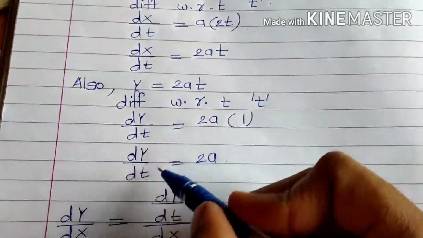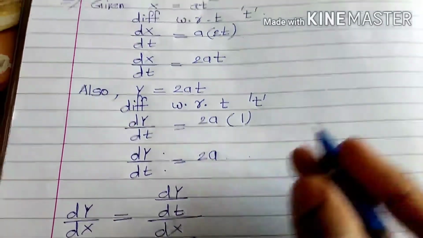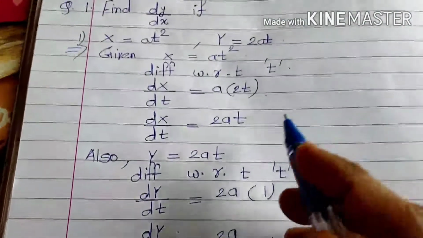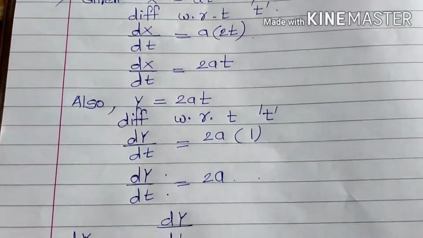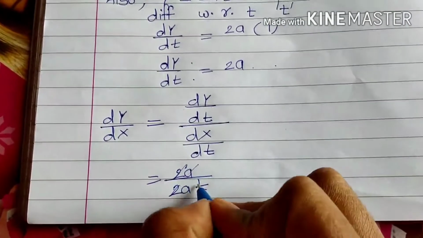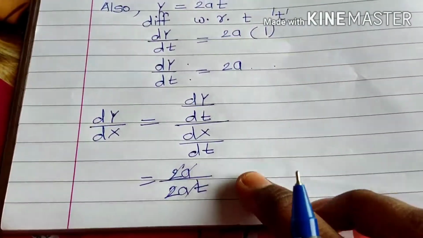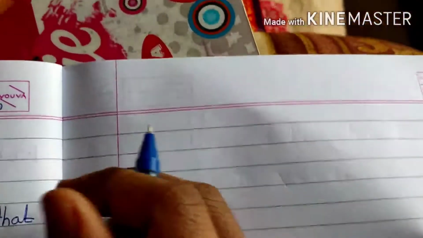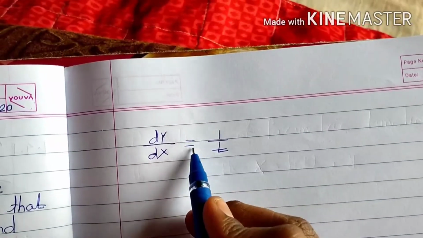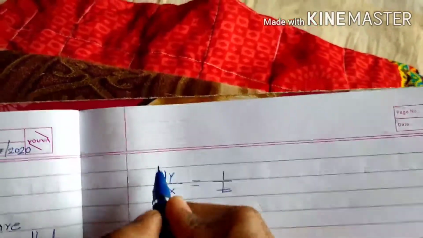Now put that value, dy upon dt is equal to 2a, and dx upon dt is equal to 2at. By cancelling 2 and a we get only 1 upon t. So our final answer is dy upon dx is equal to 1 upon t.